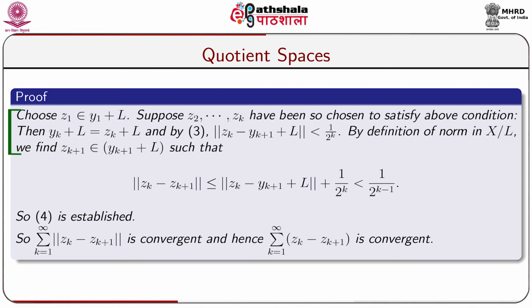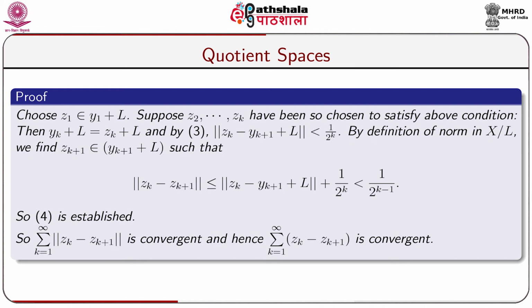Suppose z2, z3, ..., zk have been so chosen to satisfy the above condition that has already been stated. Then yk + L is equal to zk + L, and by the previous property we see that the norm of zk − (yk+1 + L) is strictly less than 1/2^k.